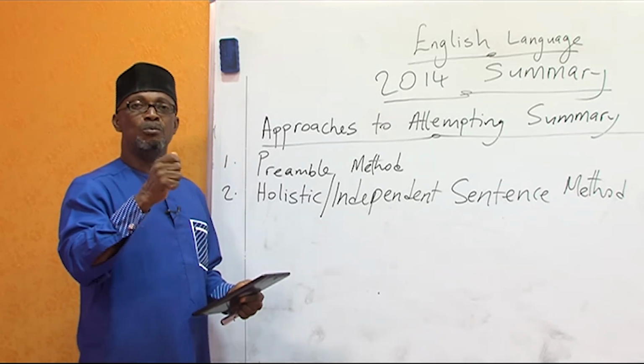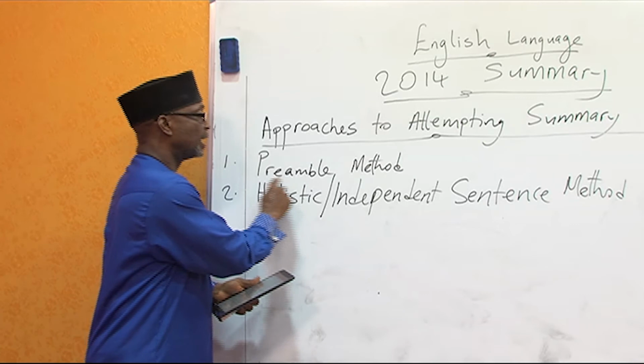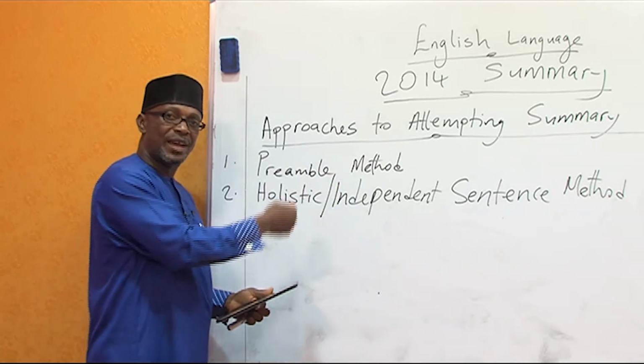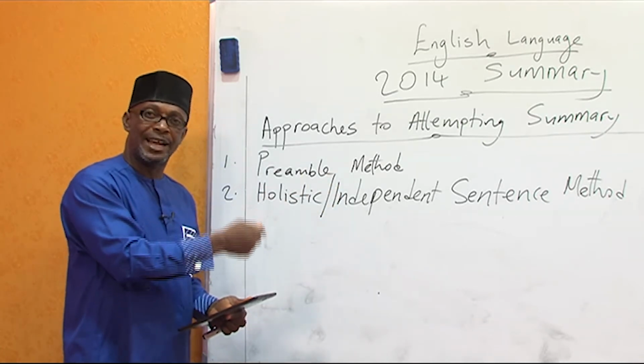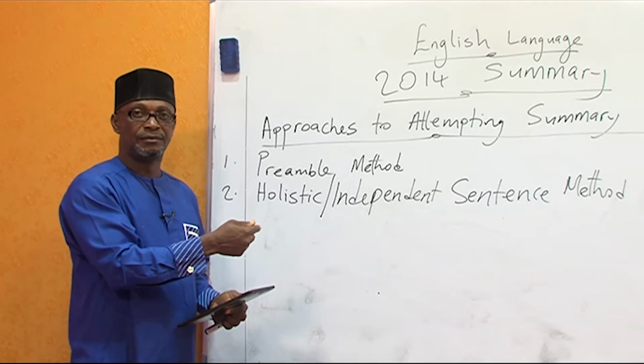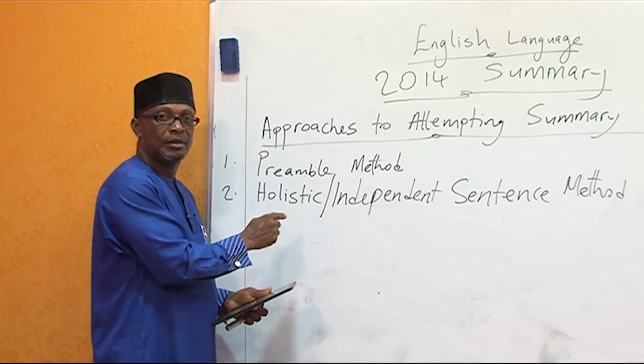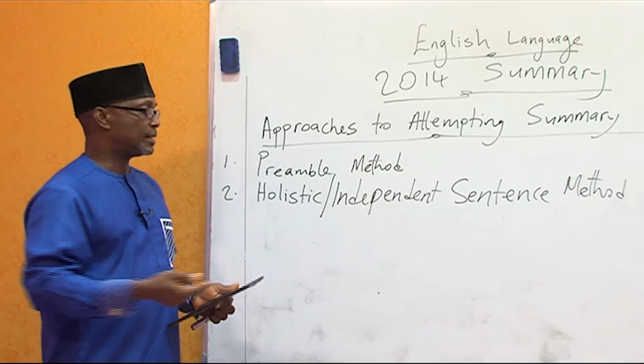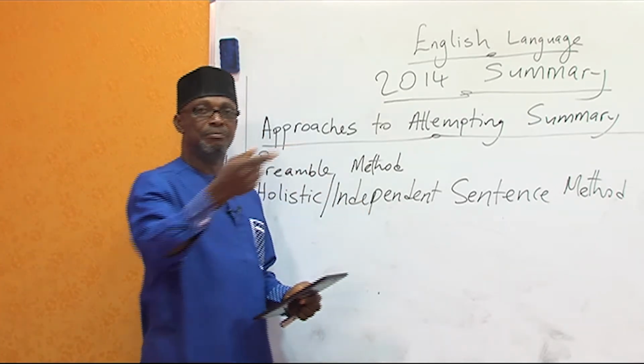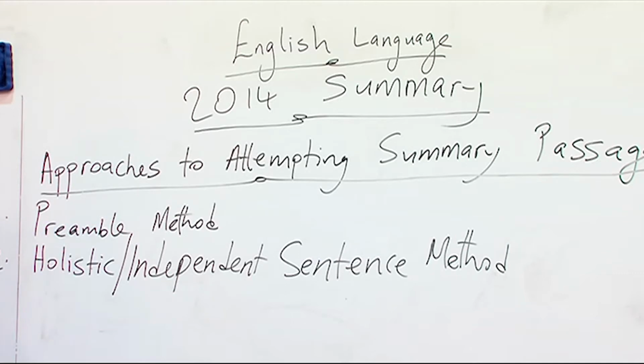And now when you make a mistake in the preamble, it affects every other correct answer you've given. But when you choose to go with holistic, they are independent, like we said. A mistake that is made on one will never affect the other.